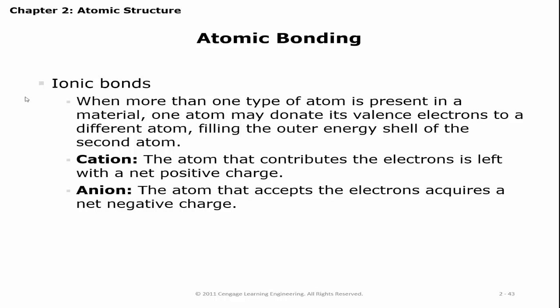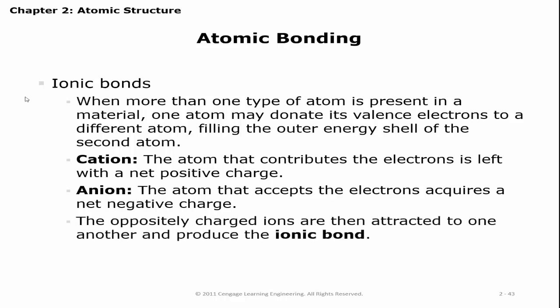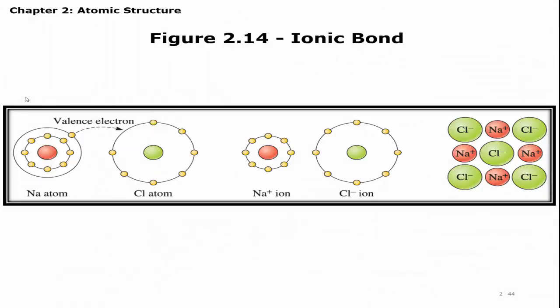We have the cation and the anion. The anion is the atom that accepts the electrons and acquires a net negative charge, and the oppositely charged ions are then attracted to one another and produce the ionic bond.